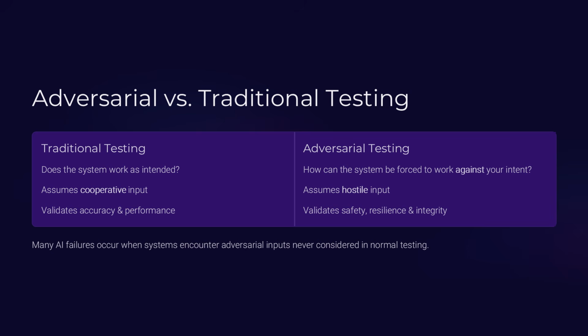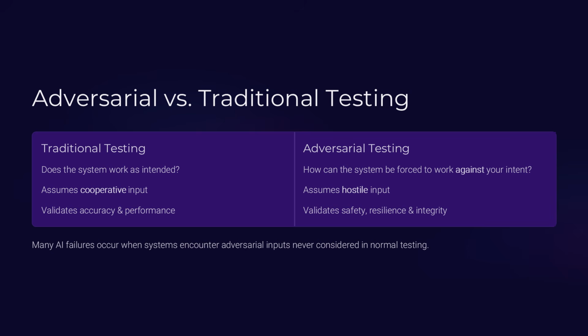Traditional testing asks, does the system work as intended? Adversarial testing asks, how can the system be forced to work against your intent? Traditional testing assumes cooperative input. Adversarial testing assumes hostile input. Traditional testing validates accuracy and performance. Adversarial testing validates safety, resilience, and integrity under attack.